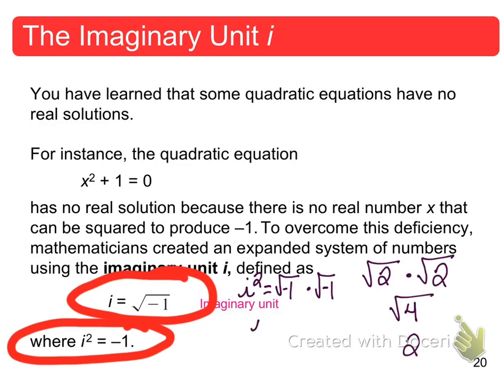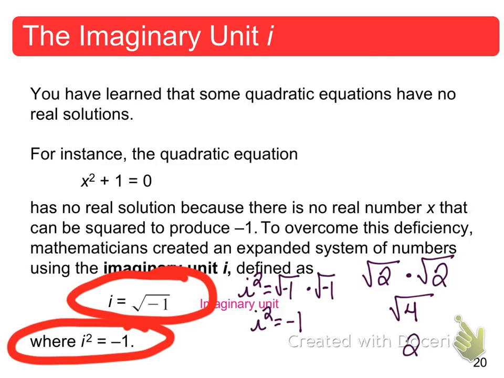So i squared is equal to -1. You don't multiply the -1 times the -1 and get +1. You've got to pull that i out. So i squared is -1, and that is super important as we go through this.